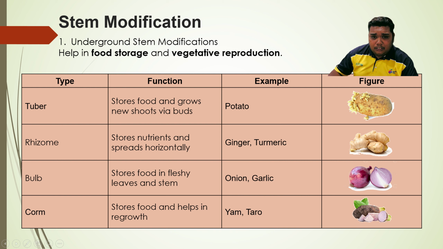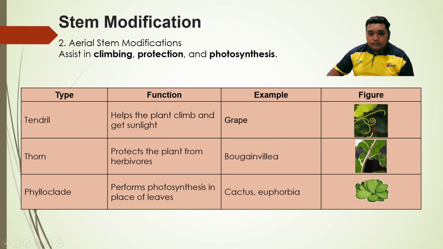Secondly, rhizome stores nutrients and spreads horizontally, such as ginger and turmeric. Next, bulb stores food in fleshy leaves and stem, such as onion and garlic. And lastly, for underground stem modification, we have corm, which stores food and helps in regrowth, such as yam.